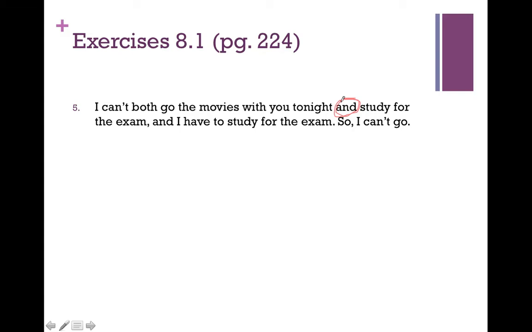And here's how we are going to represent this. The symbolic form is going to be not (P and Q). That's what the first sentence is saying. If you look at it, it is not the case that I can go to the movies and I can study for the exam. It's saying not (P and Q), and then it goes on to say Q, because Q represents I will study for the exam, and then therefore not P.